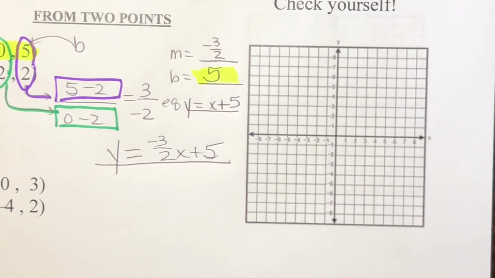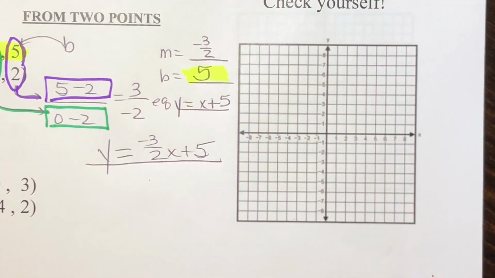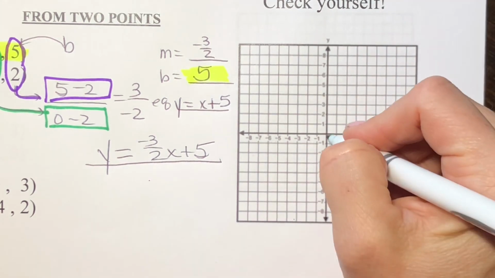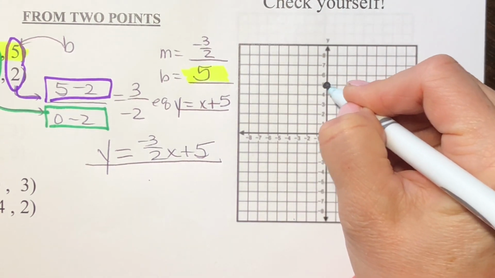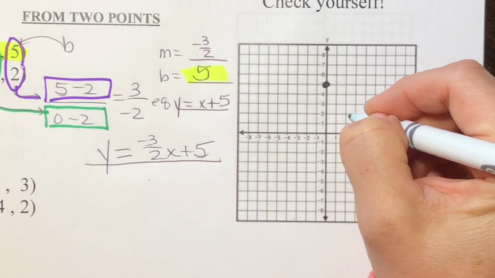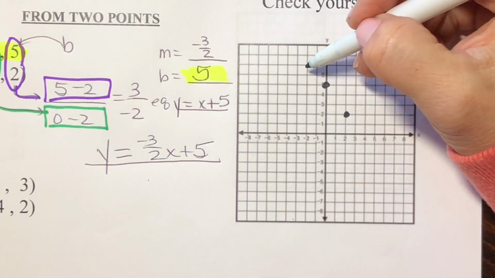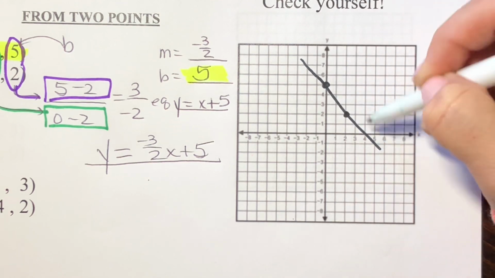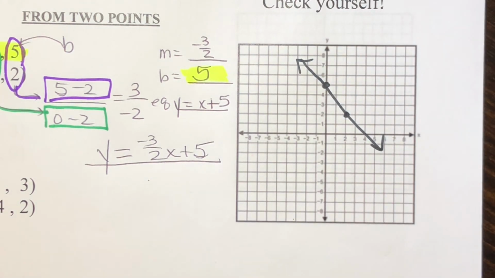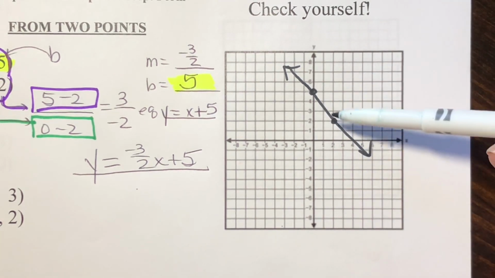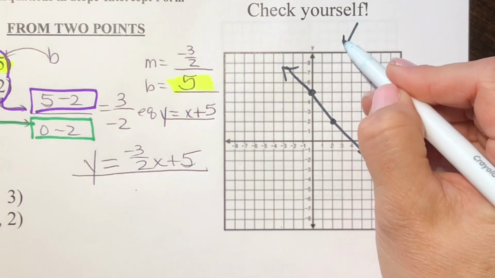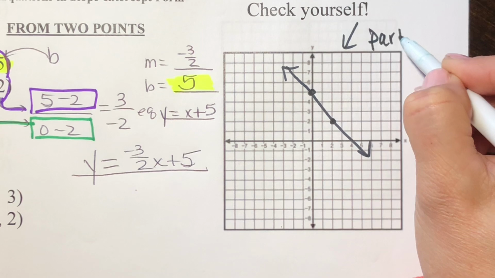Now, I want to show you what I mean for check it. Meaning if I were to plot these points, 0, 5, which is don't move left or right, and then 2, 2, and if I were to draw this line, I don't have a ruler, so we'll see how straight I can get it. If I were to plot that and then check it to see, what's the equation of this line? Because this is going back to part 1 video.